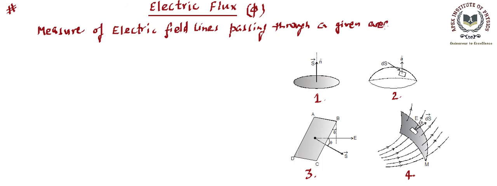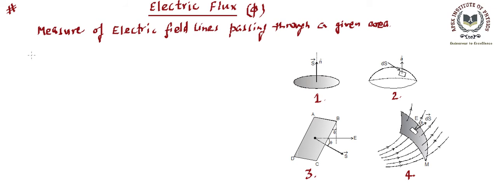So if an area or a surface is known, then how many field lines are passing through that surface, the measure of those field lines is known as electric flux.